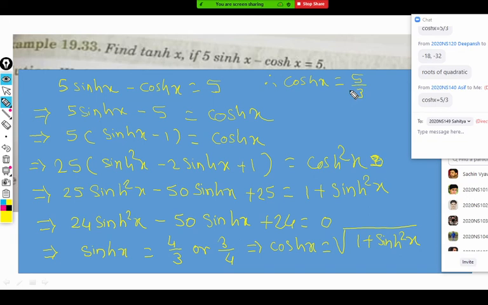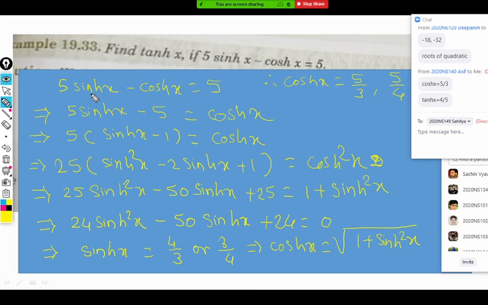You will get actually two answers, 5 by 3 and 5 by 4, sir. Both the answers you will get. When you take 4 by 3, you get 5 by 3. And when you get 3 by 4, you get 5 by 4. But only those values we have to take which satisfy this equation. Probably this equation is satisfied by only 5 by 3.